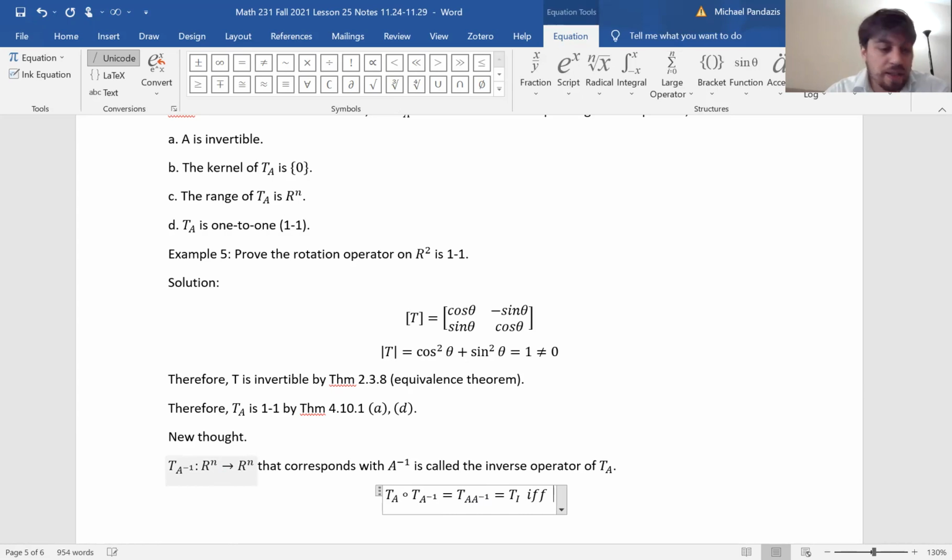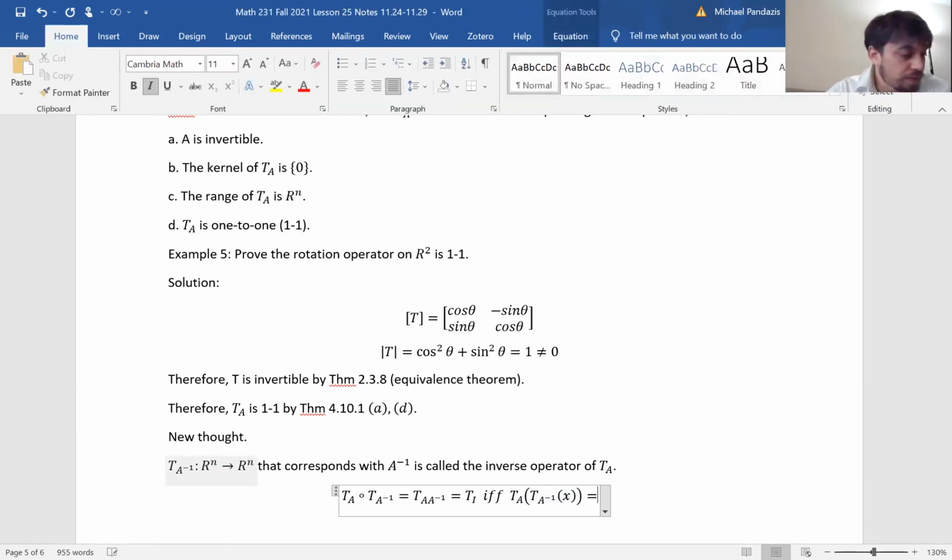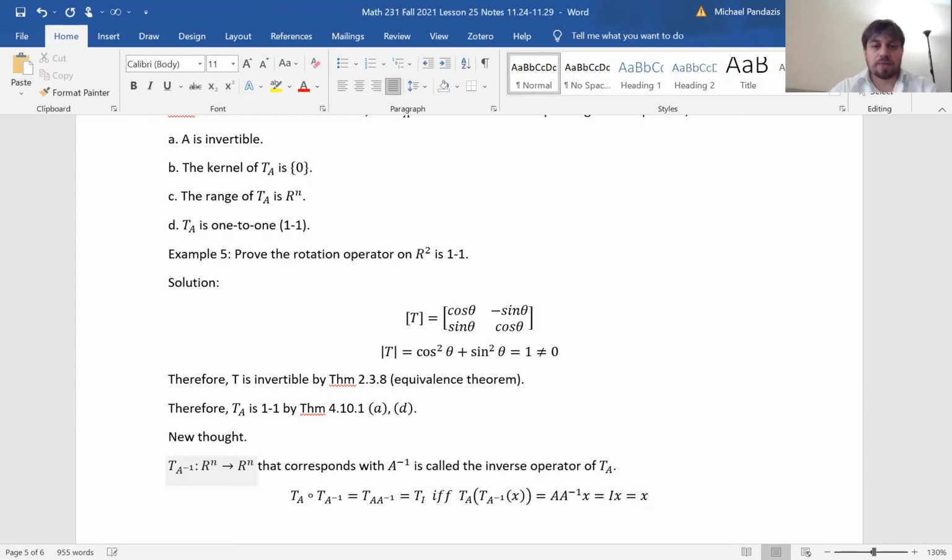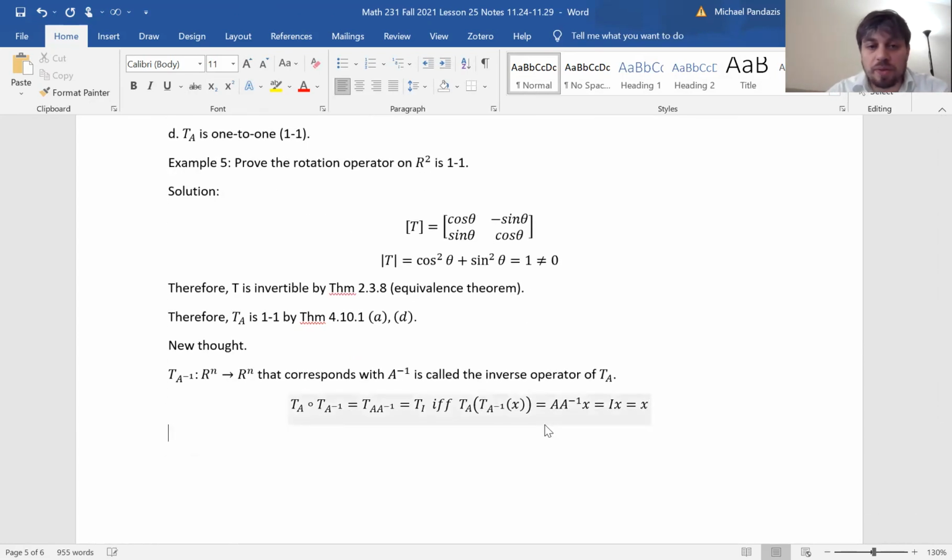And this is if and only if T sub A of T sub A inverse of X is equal to A A inverse X, which equals IX, which equals X. And the opposite direction also applies.